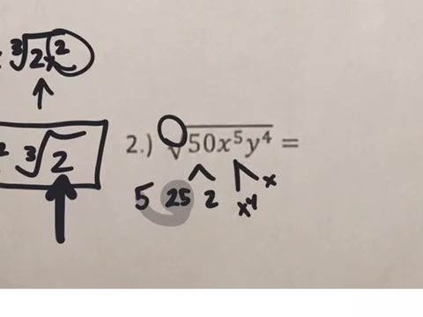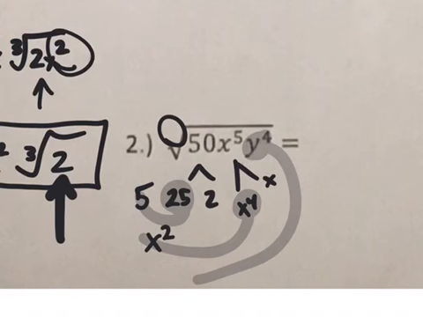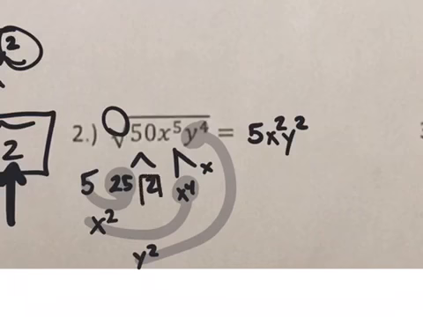Looking for groups of 2 there. I could pull 2 x's out of that, so an x squared. y to the 4th power is already perfect here. It's going to give us y squared. So we'll have a 5 that made it out, an x squared that made it out, a y squared that made it out. What's left over? The 2 and the x.